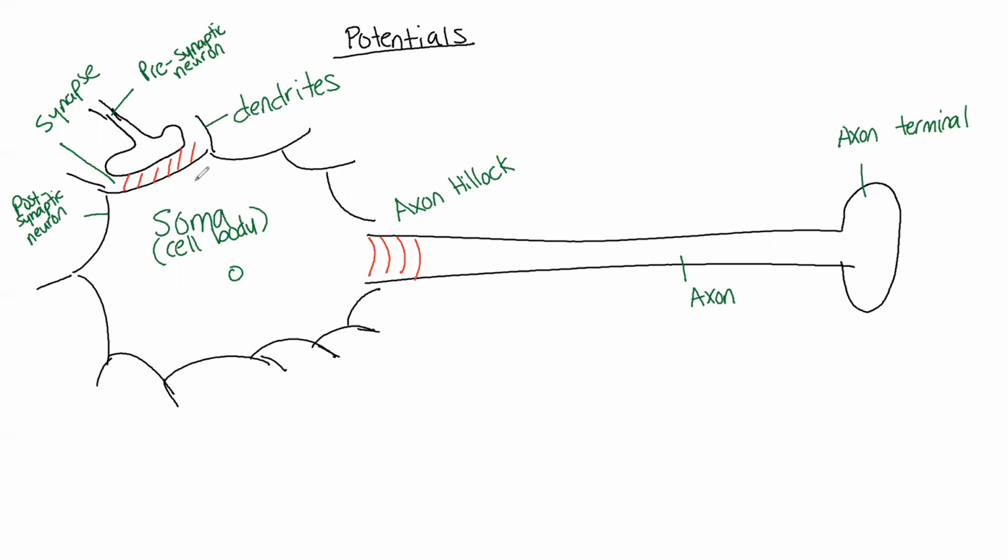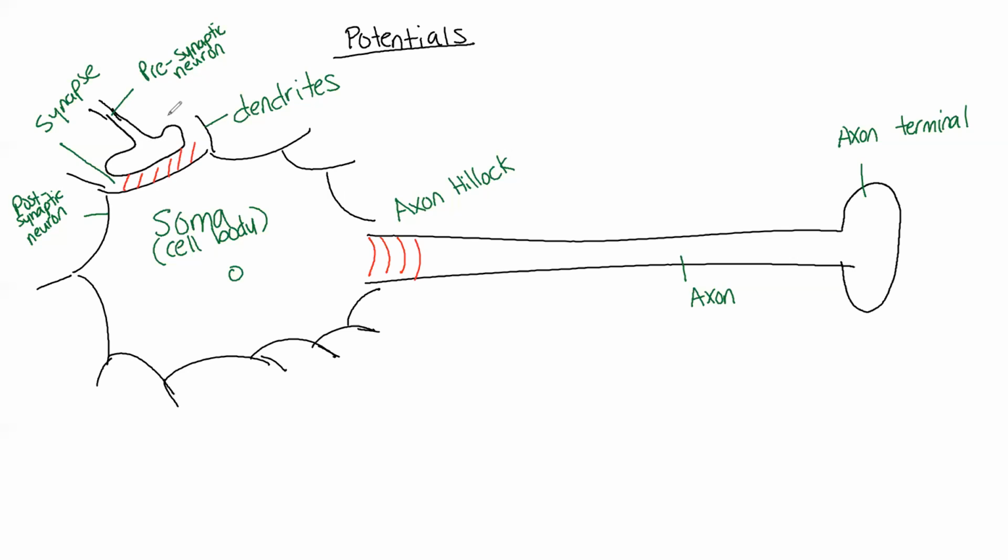So this is how neurons speak to each other, via the synapse. And this is what the action potential is all about: it's a form of energy that one cell can use to communicate to another cell.